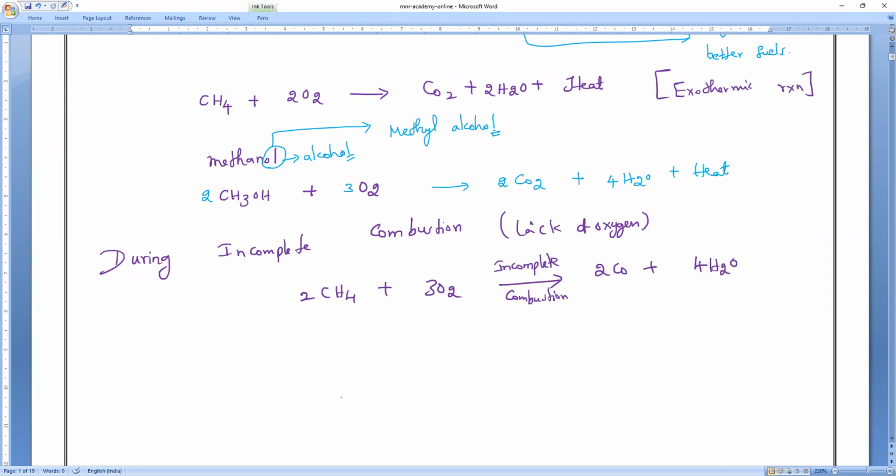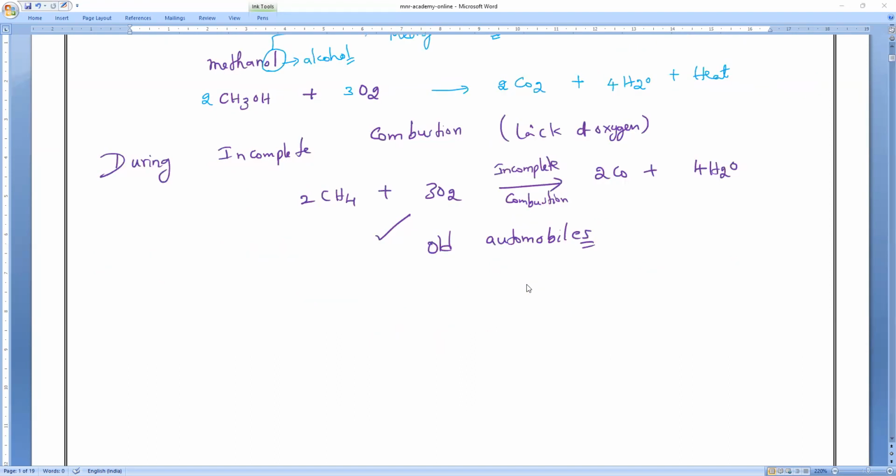Most probably this is the most common reaction in old automobiles. If you take our bikes, cars and all which are becoming extremely old, like 30 years, 20 years, 15 years from the date of manufacture, this will lead to production of carbon monoxide.